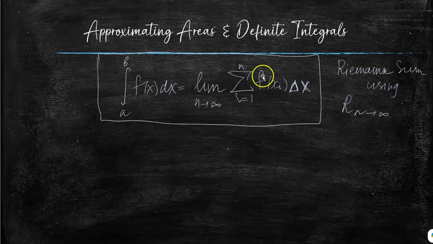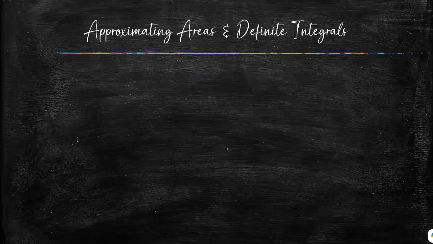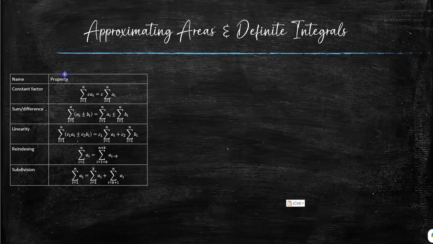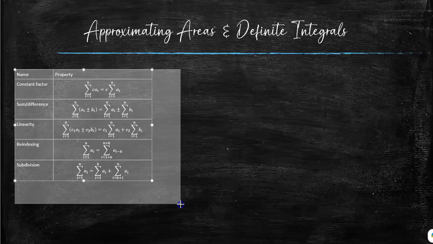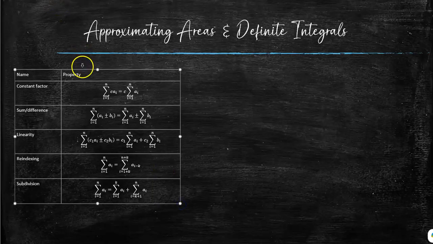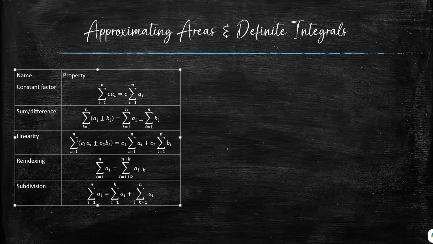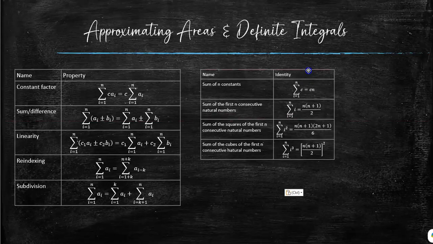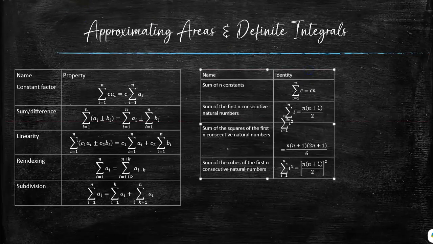Now, in order for us to take advantage of this formula and see some examples, we do need to familiarize ourselves with properties of sigma notation. So I'm just going to throw it out here, and hopefully you are already familiar with these properties. If not, it's not a big deal, because definite integrals inherit a lot of these properties, so sooner or later you will know them, if not directly, then indirectly.